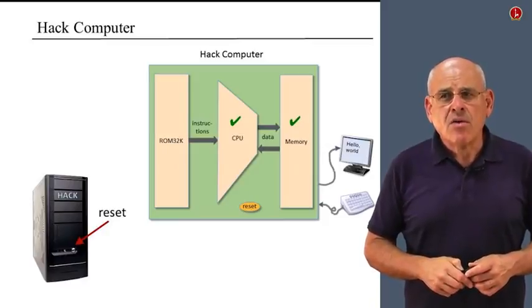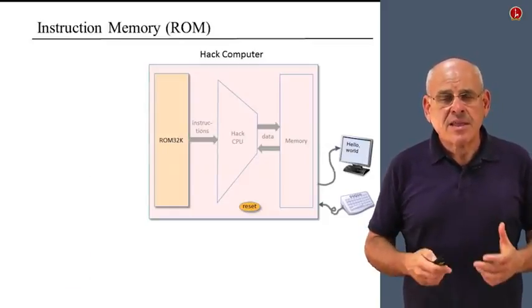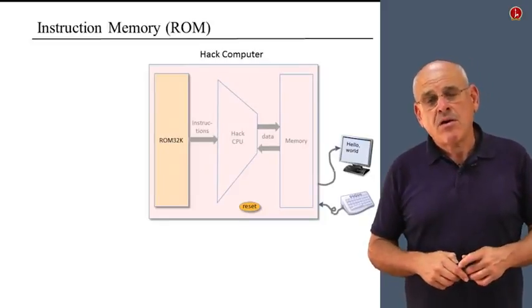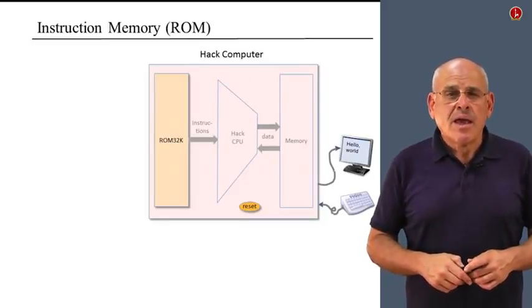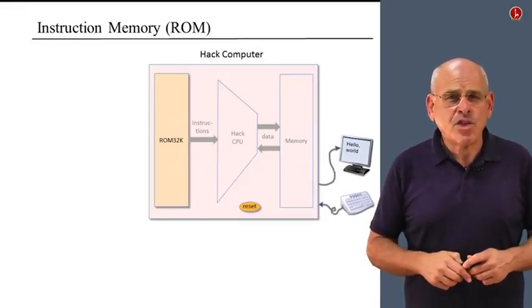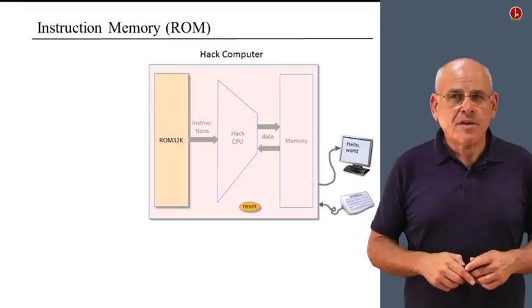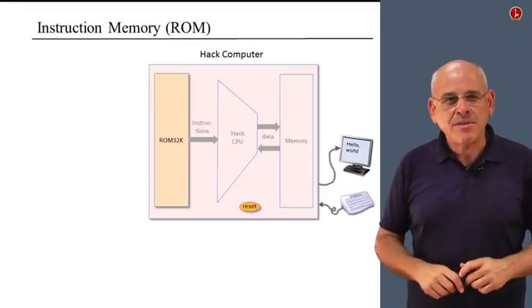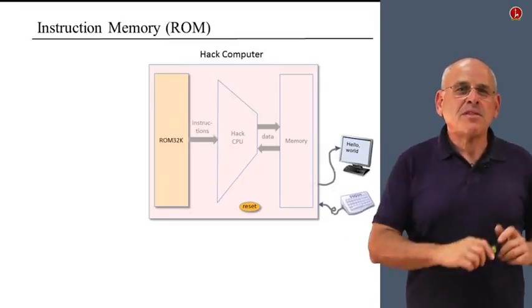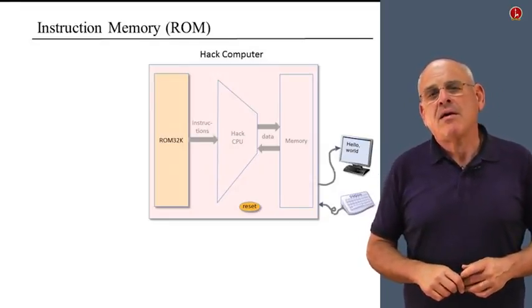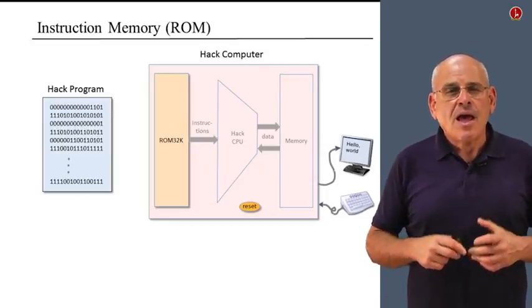Okay, so with that in mind, the next thing that we want to implement is the instruction memory of the HEC computer system. And we implement this instruction memory using a chip which we call ROM32K. Let us assume that we have this computer sitting on the table, and next to this computer we have a program written in the HEC machine language.